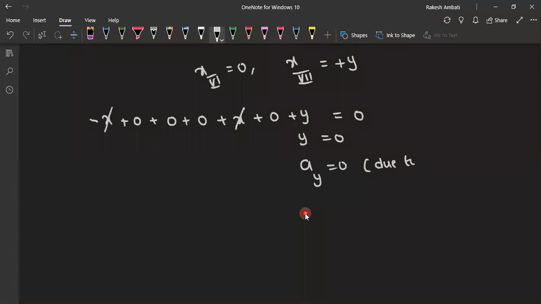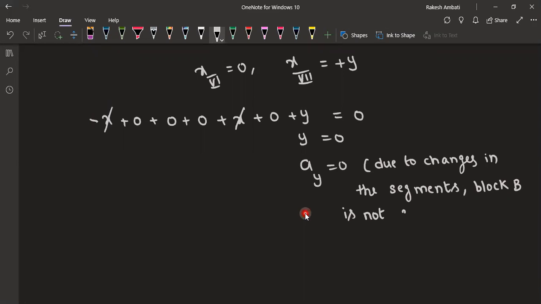So here, this acceleration 0 means that due to changes in the segments, block B is not getting any acceleration.